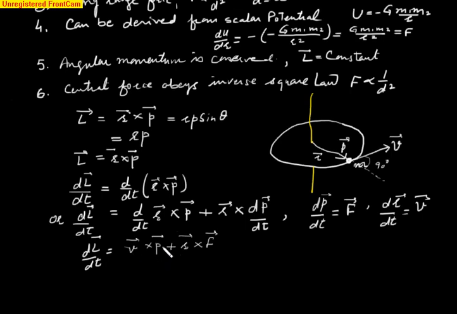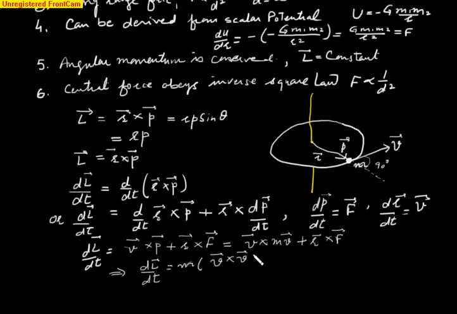Now this expression further, this is V, but P is also M into V. So if I write it as V cross M into V, plus R cross F. Further, it implies dL over dt is equal to, since mass is constant in Newtonian mechanics, we can take the mass outside of the bracket.